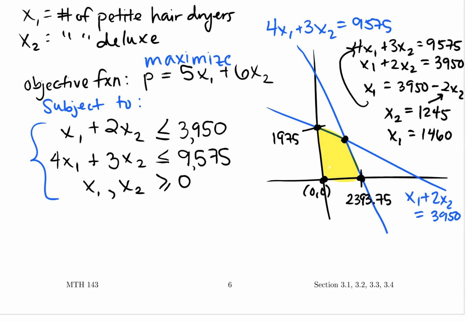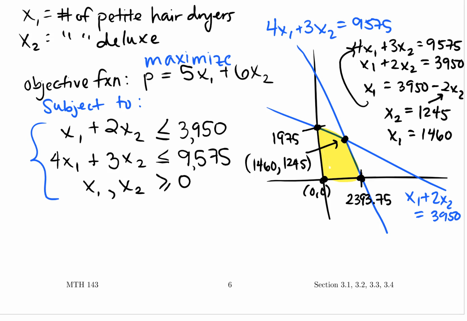So this corner point is the point 1460, comma 1245. That would be our corner point on the intersection point there.